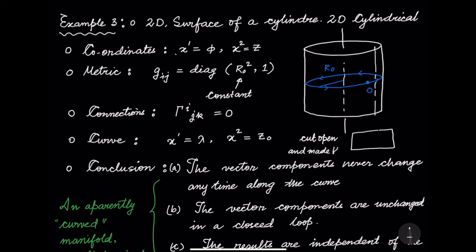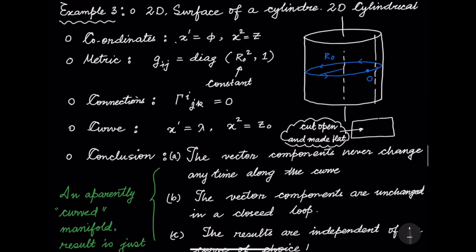So that is something interesting: if it is cut open and made flat, it looks like a Euclidean manifold, and it has the properties of the Euclidean manifold as long as you are comparing these things of parallel transport.